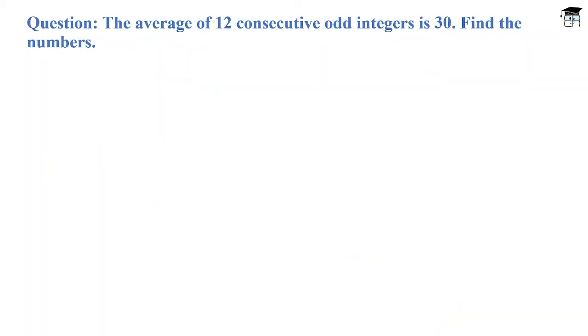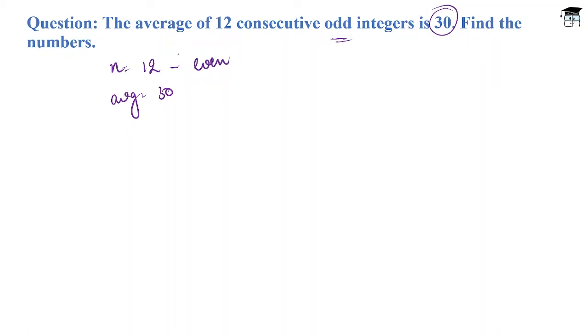The next question is the average of 12 consecutive odd integers is 30. Now n here is 12, that is, it is even. Average is 30. N is equal to 12. That is even. And they are consecutive odd integers.